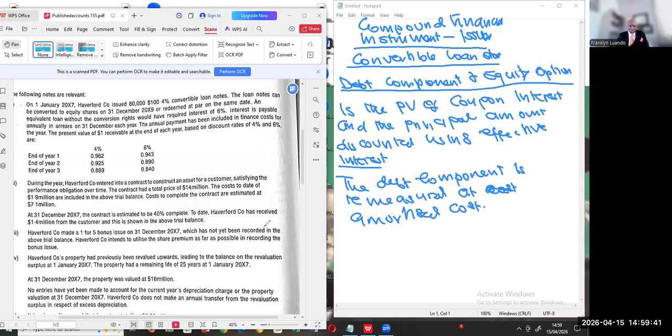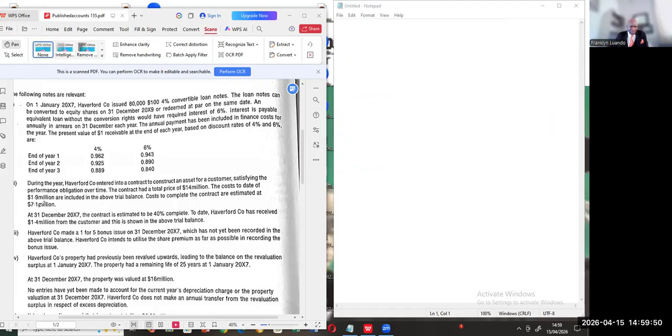So now we can look at this question, which came as the adjustment here together. Starts from there. On 1 January 20X7, each company issued $80,000 4% convertible loan notes.